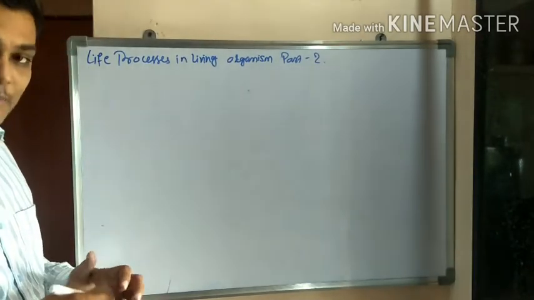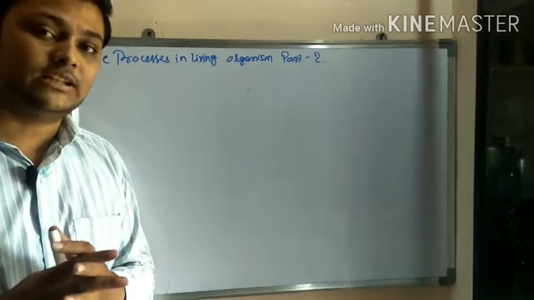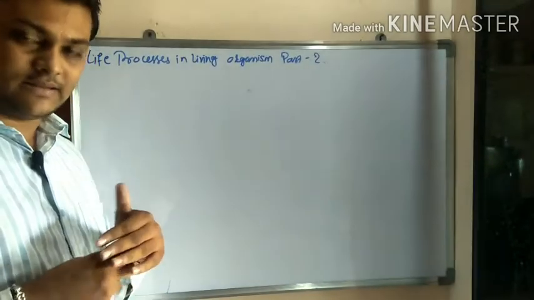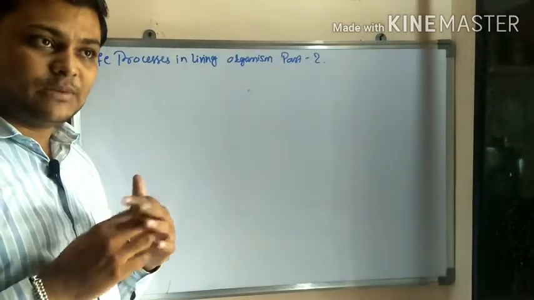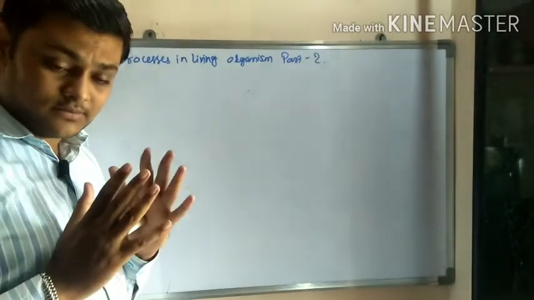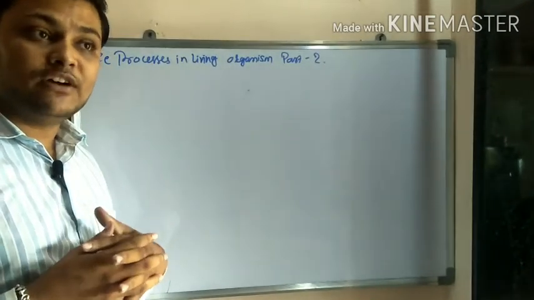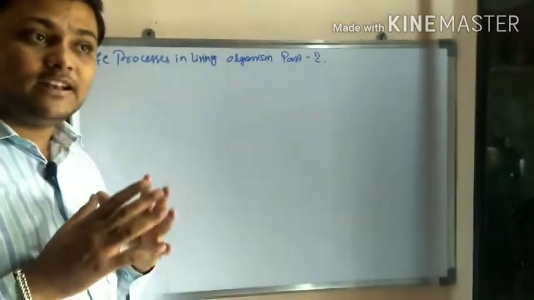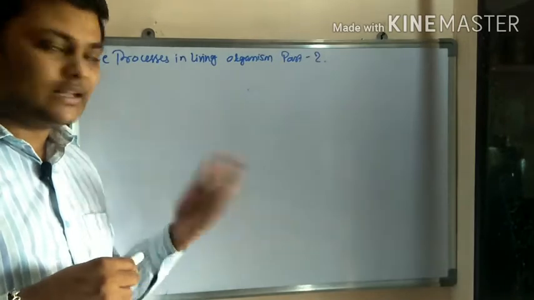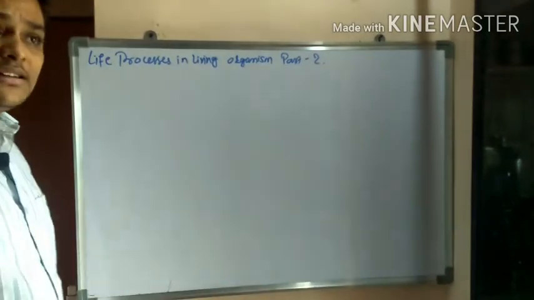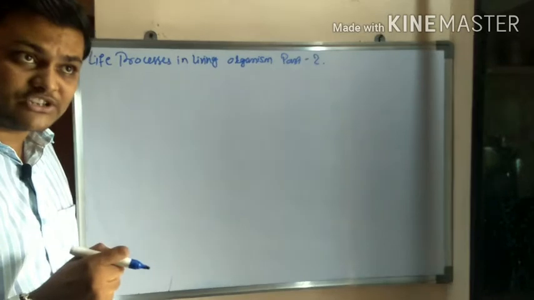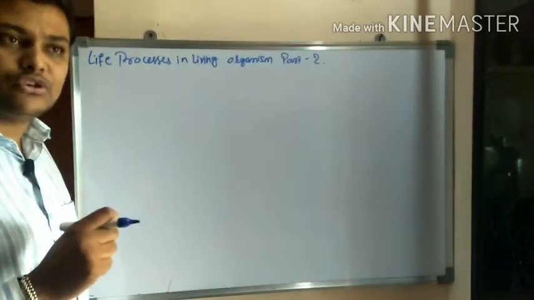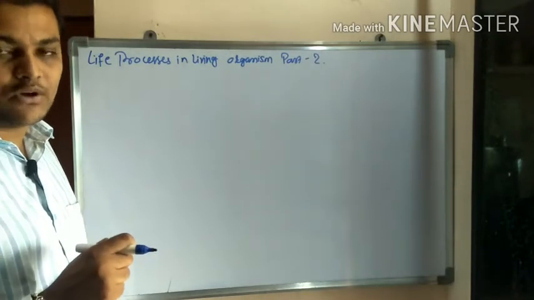Organisms can form their offspring without contact with each other, which means the parent cell is directly converted into two daughter cells. In this type of reproduction there is no fusion of gametes and no change in the number of chromosomes.